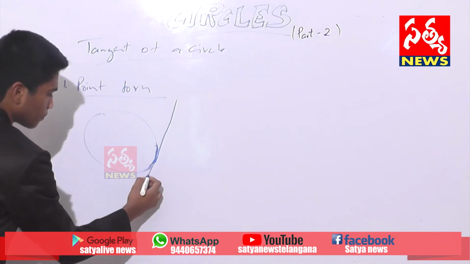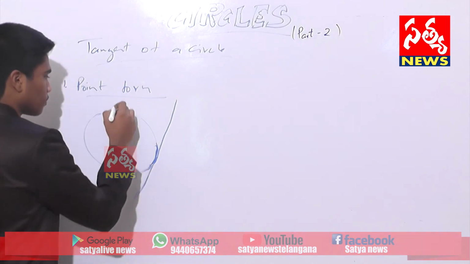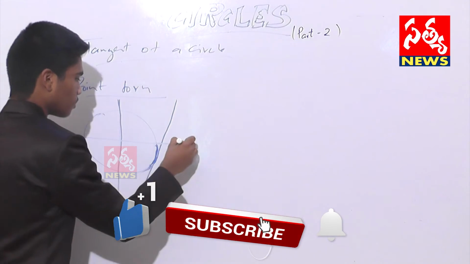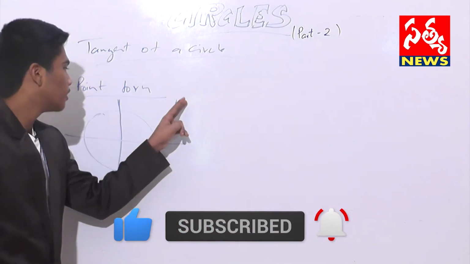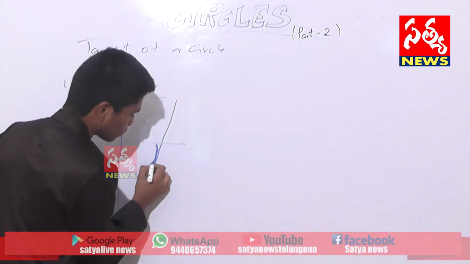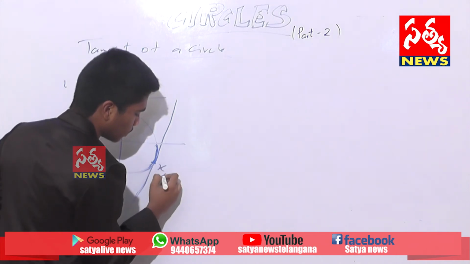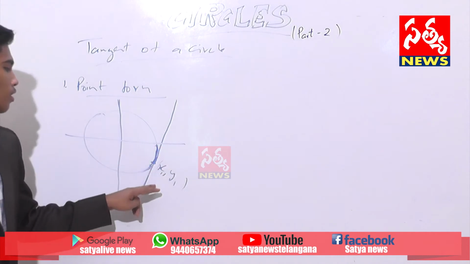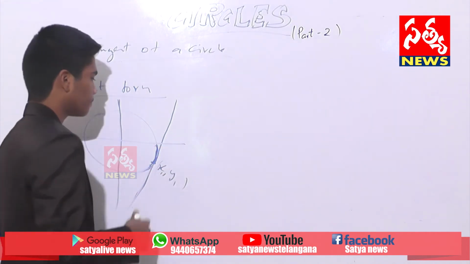Okay. Let us assume that the tangent of circle touches the circle at x1, y1 point. This is a point of coordinates x1, y1.